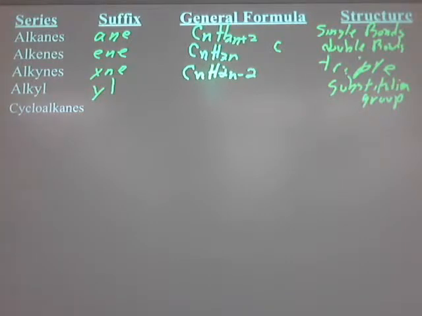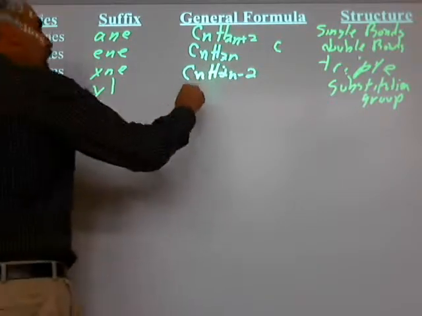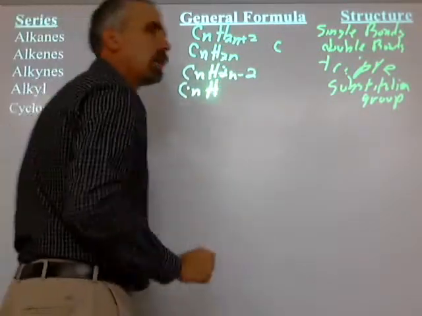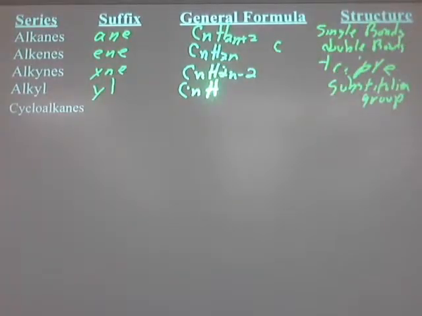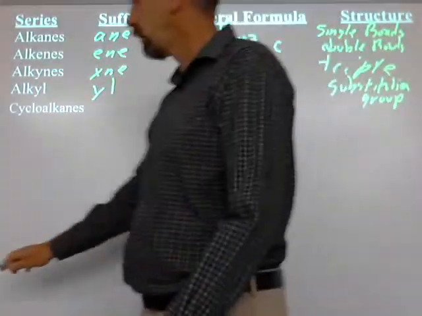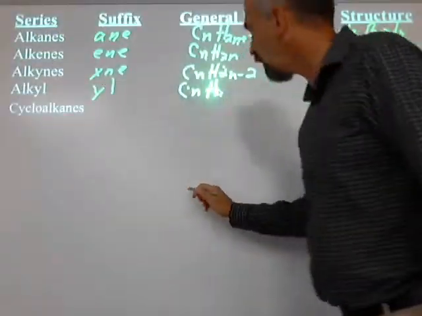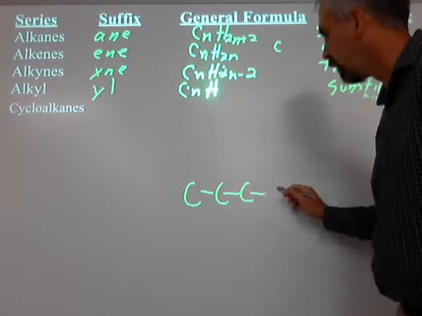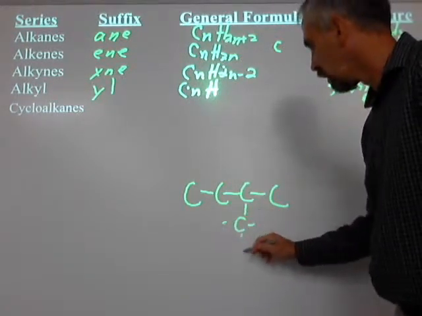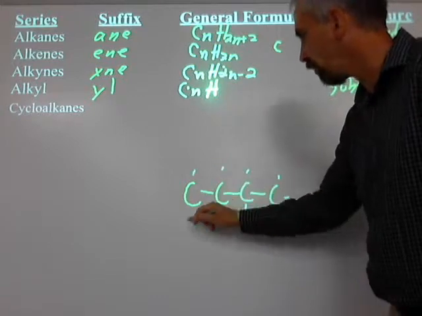All right? Can you give me the formula for this one in terms of n? CnH what? What do you think? Again, using a little common sense. See if you can figure this one out. If I've got a group coming off of another group, like this. Let's just take this simple methyl group coming off of here.